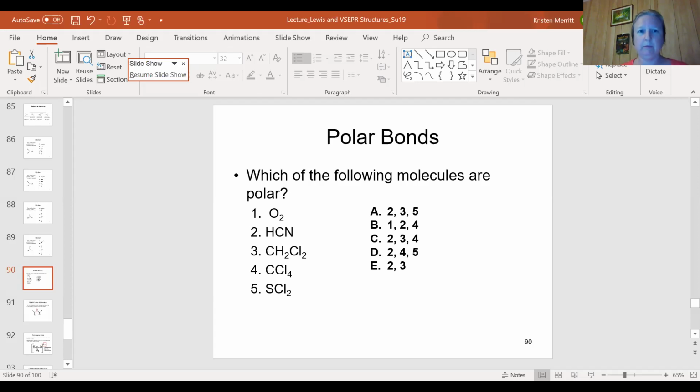Yes, because we're not going to give chlorine double bonds. So this is an AX2E2. If you draw an AX2E2, you will see that this is bent. Because chlorine is not going to have double bonds. So since it's bent, yes, this has polarity. So 5, 3, and 2 are polar. So A.